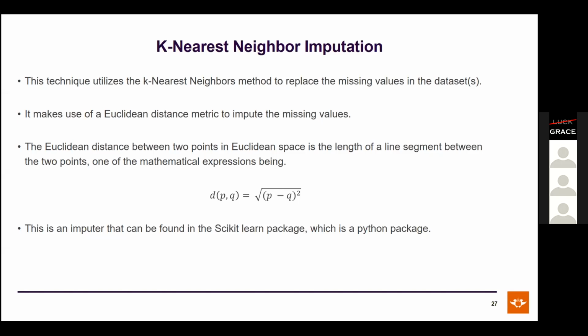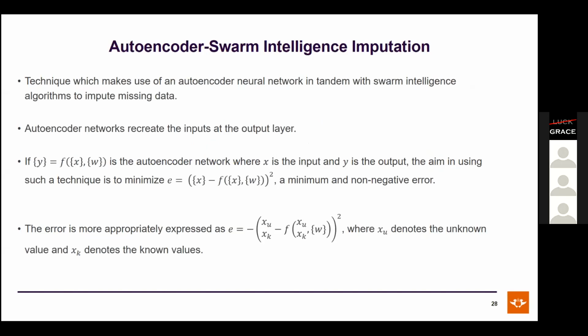So in addition to the K nearest neighbor imputation technique, not sure whether to mention, but like I said before, I actually do quite a bit of work on missing data. So this is something which I worked on, 2012, 2013, using autoencoders with swarm intelligence algorithms to do your imputation.